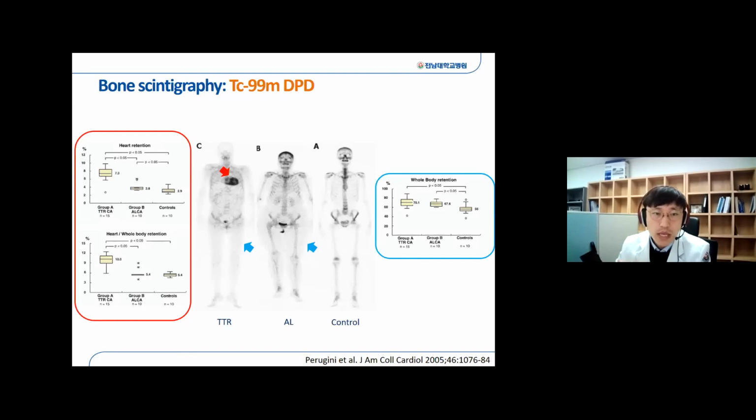So maybe the more extensive myocardial necrosis and dystrophic calcification led to more intense bone scintigraphy uptake in TTR patients as compared to AL type. But the precise pathophysiology underlying the differences in uptake is not clearly known so far.